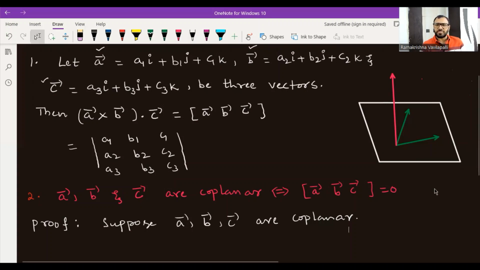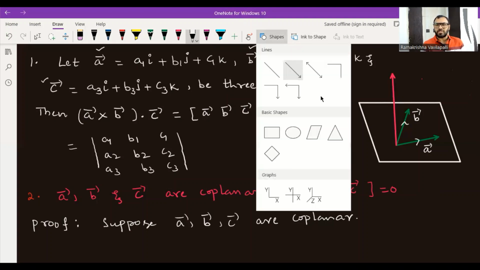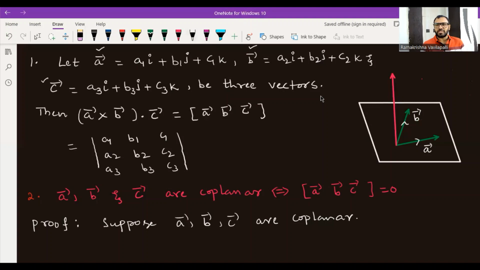So now you see, assume this is the A bar vector and assume this is the B bar vector. Given that A bar, B bar, C bar are coplanar vectors, they all must lie on the same plane.